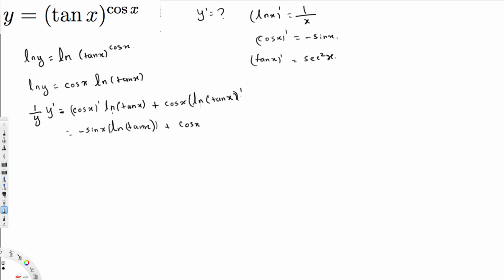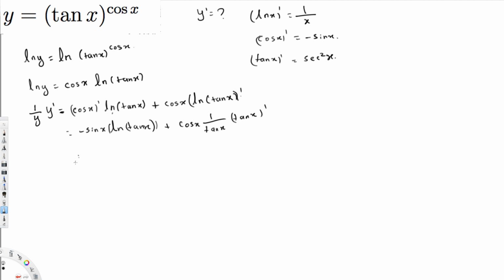According to the chain rule, I take the derivative of the outside first, which gives 1 over tan x, since we don't find the derivative of tan first. Then I take the derivative of the inside, which is tan x prime.